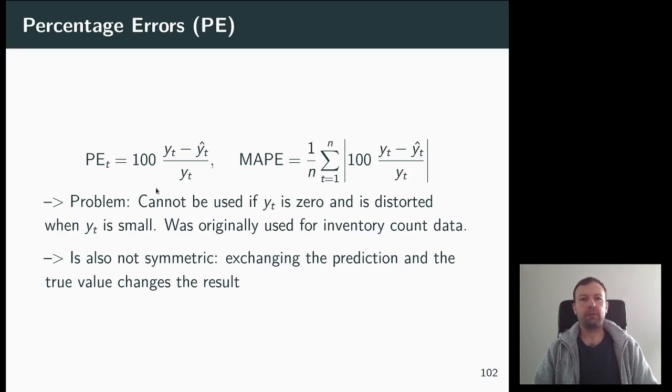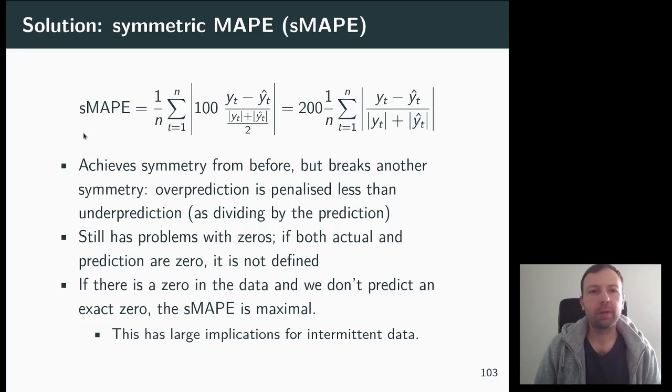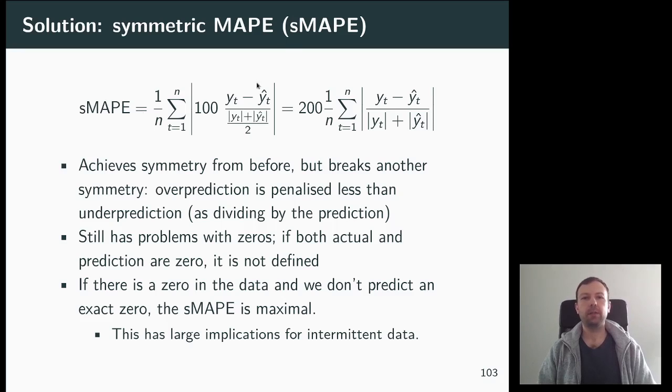To address some of these problems, people came up with the symmetric MAPE, sMAPE, where the idea is to make it symmetric so that we can exchange the prediction and the true value and it stays the same. Instead of dividing just by YT, we divide by the average of YT and YT hat, and you also need absolute values here.